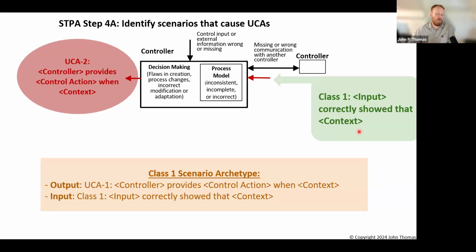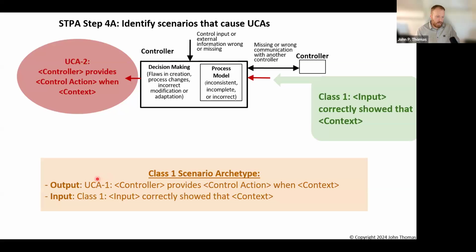We'll flesh that detail out in a moment. All we're saying is there did exist one input that correctly indicated this context, and we've got to explain why the controller did the wrong thing anyway. And there are reasons why this has happened, and it's caused accidents. So this is how you write a class 1 scenario. This is a high-level scenario.